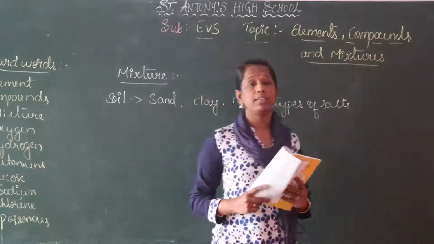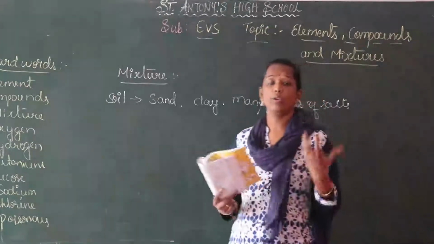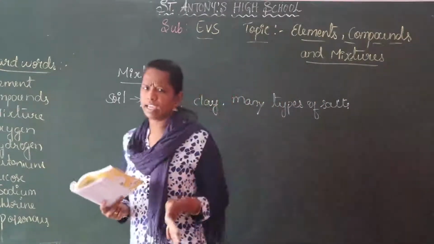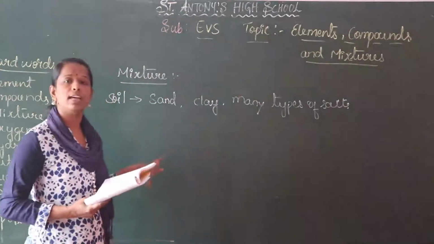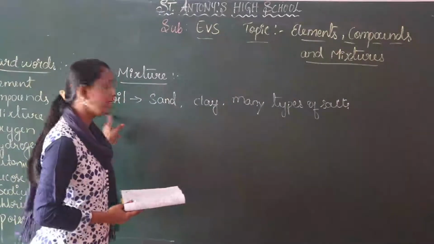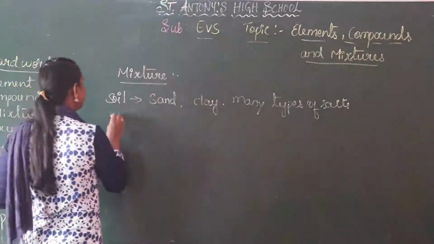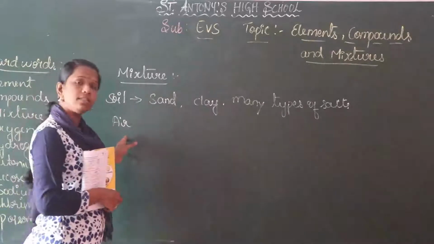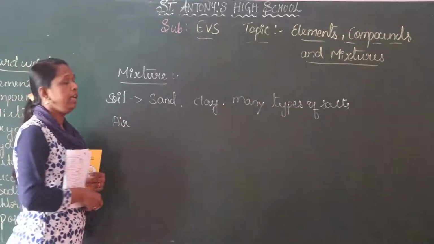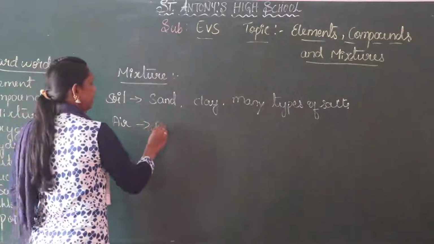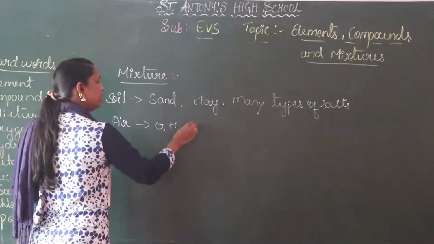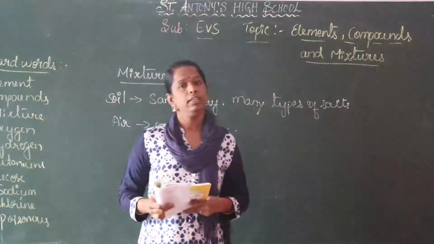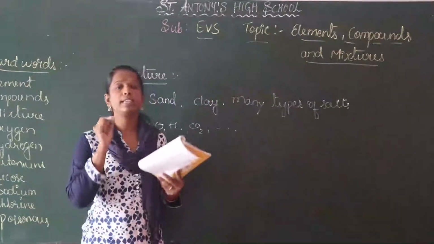Plant residues may be rotten plants or the dead body of an animal; everything gets mixed into the soil. So that's why soil is called a mixture, and air is also called a mixture. It contains many gases: oxygen, hydrogen, carbon dioxide, inert gases, and so on. So air is also called what?